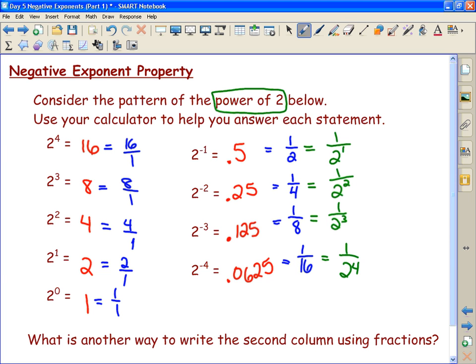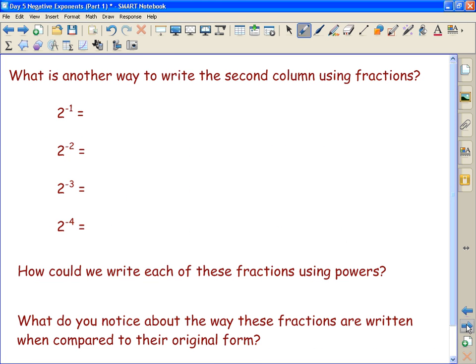What you might notice, and I'm going to switch to the next slide and write down the exact same thing, is that whatever I started with, here I started with 2 to the negative 1.